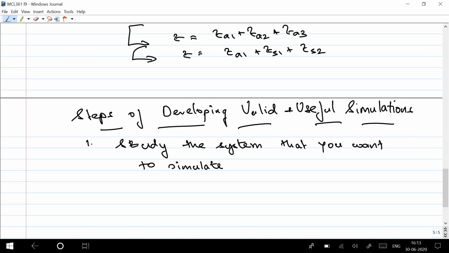So one of the things you need to do when you're developing a simulation is first decide what you are going to include in your simulation.